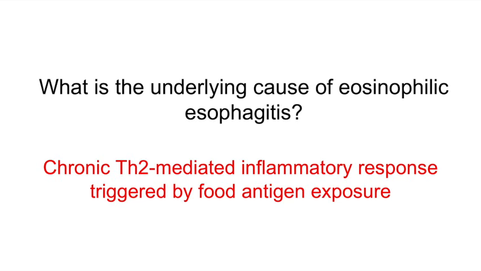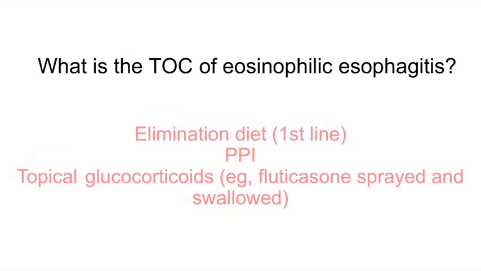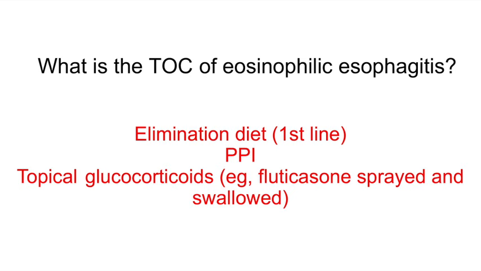What is the treatment of choice of eosinophilic esophagitis? First-line treatment is elimination diet of the triggers, PPI, and also topical glucocorticoids, for example, fluticasone, sprayed and swallowed.